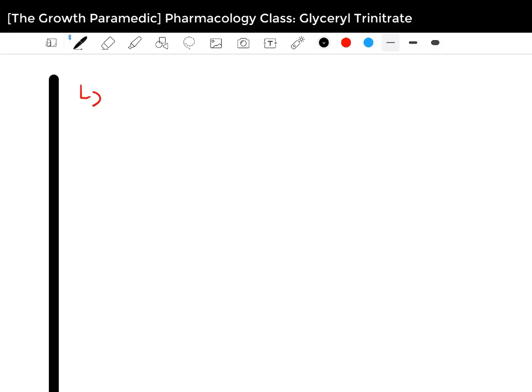So from here, guys, the overall effect, as previously mentioned, and I'll put them down here, is a decreased work of the heart.